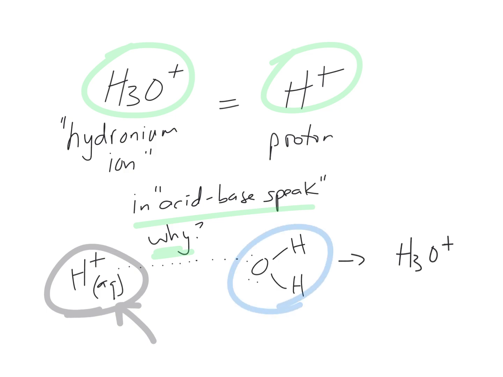Well, what you hopefully know about a water molecule already is that it will form a hydrogen bond, which is what's represented by the dotted line, with any small positive thing that can get close to those lone pairs on the O. So basically, the H plus, the free proton, if you will, in solution, would always form this strong hydrogen bond association with the water molecule, and we might as well just call the thing H3O plus. That's a little bit more realistic as to what it actually is. So we use them interchangeably.